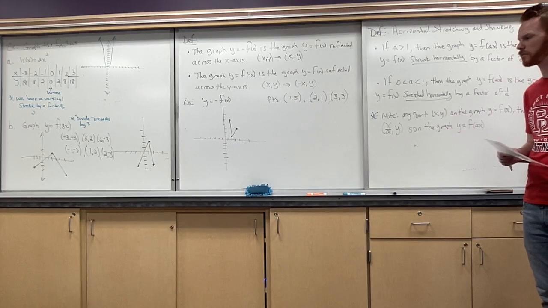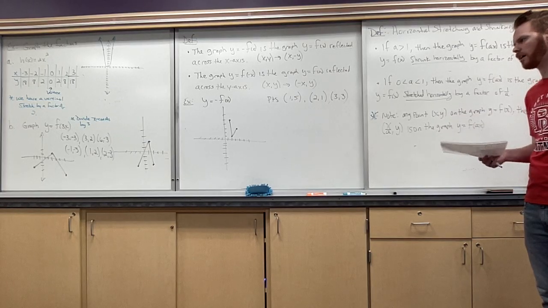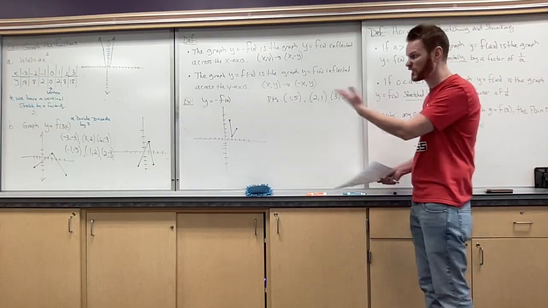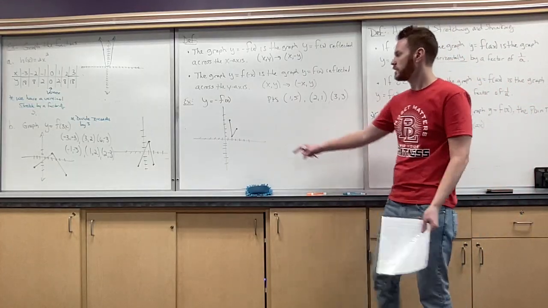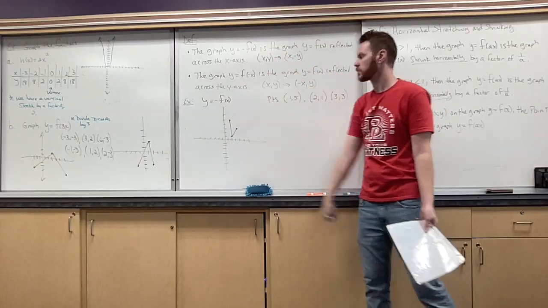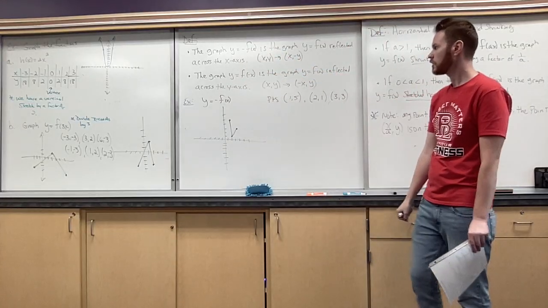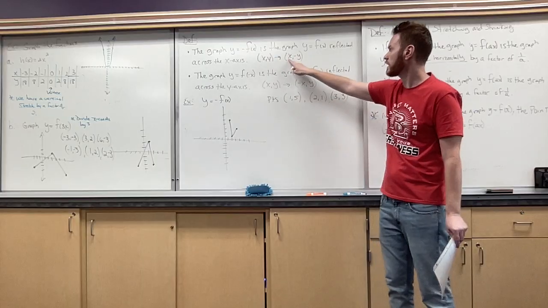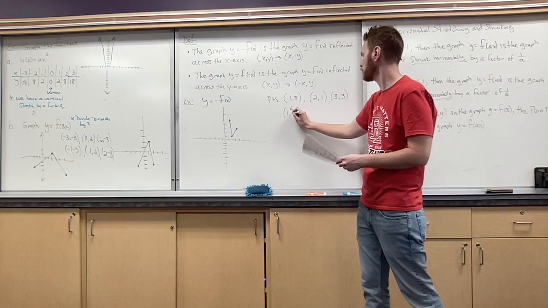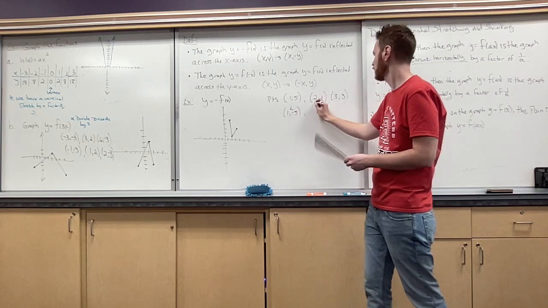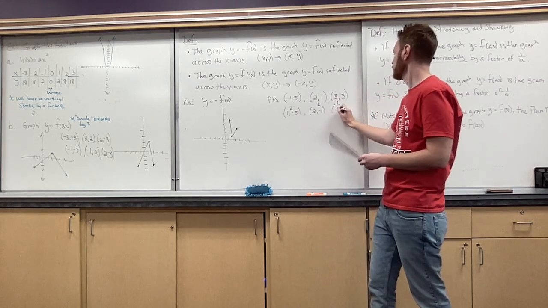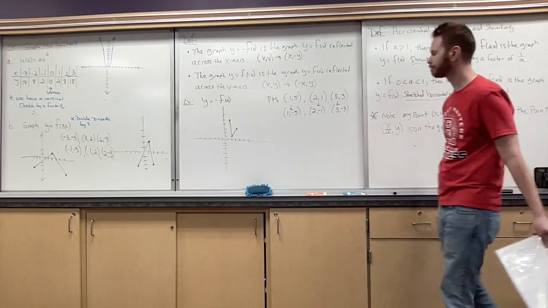Could you do more than 3 points and transform it? Absolutely, but obviously that's going to take a lot more work when you have more points, but the process doesn't change. Because the negative's on the outside, that's following the rule for the x-axis reflection. The x-axis reflection means keep x the same, but just change y. So the new points would be (1, -5), (2, -1), and (3, -3).